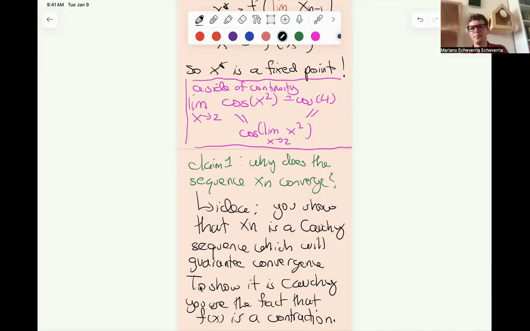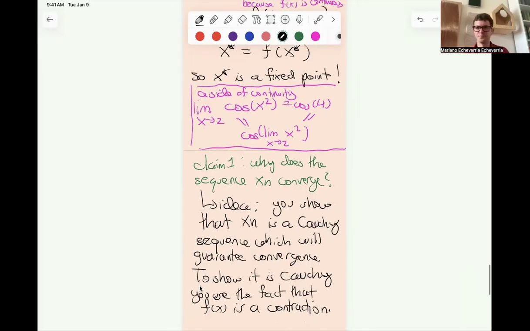But that is more of creativity. Once you have the sequence, however you come up with it, you prove it's Cauchy. Once it's Cauchy, it has a limit. Once it has a limit, then you show that the limit satisfies the properties that you would like. Okay, is that making sense?